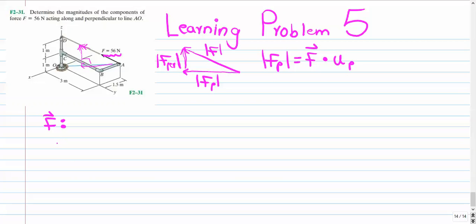And that length vector from point A to point D will be equal to 1.5i minus 3j plus 1k. And from this we can find the unit vector along the axis AD by dividing this by its magnitude.